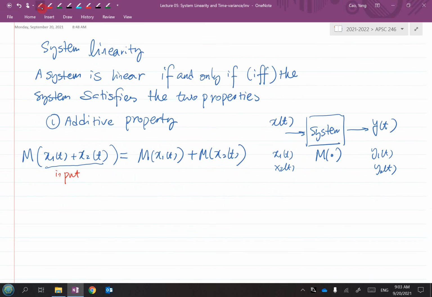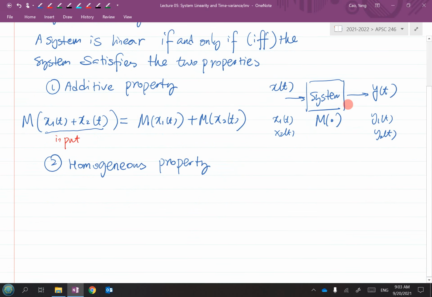The second property is called the homogeneity property, or homogeneous property. This time you have input c times x of t, where c is a constant.